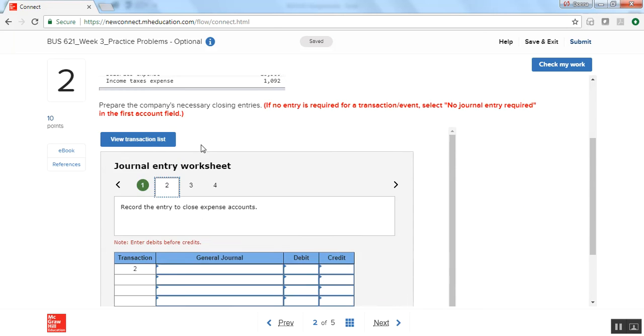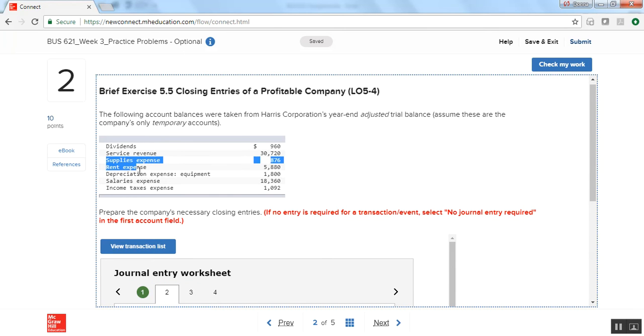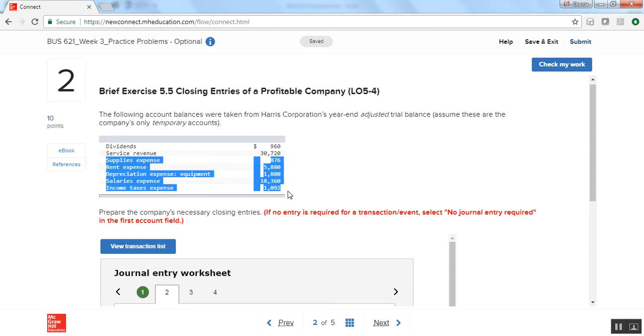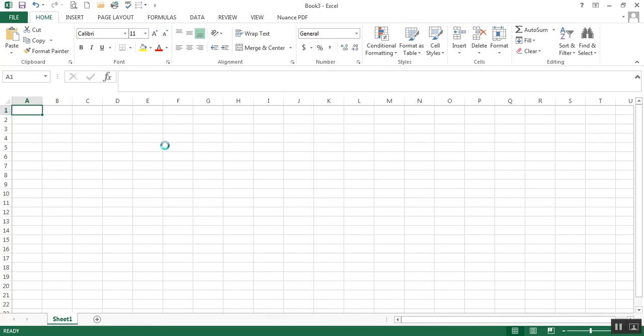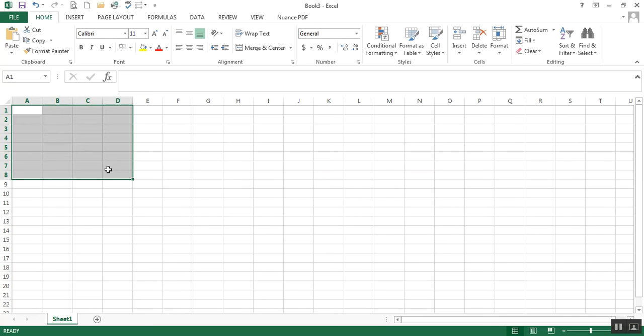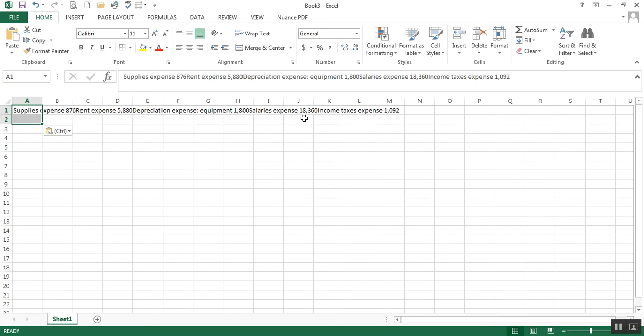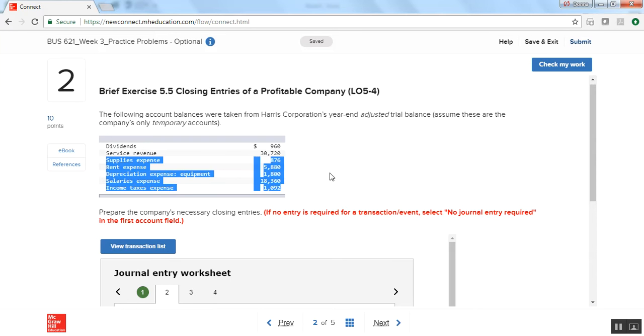Now we're going to look at our expense accounts. We have a bunch of expense accounts. I'm going to copy these expense accounts and put them into Excel. You guys know I love using Excel. Oh, that didn't really work. Okay, that's not going to work. So we're actually just going to total these up.